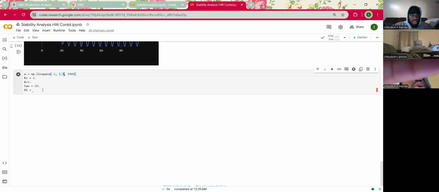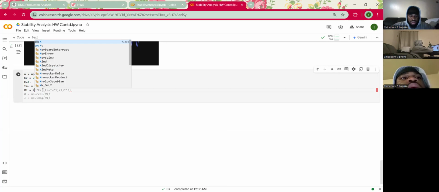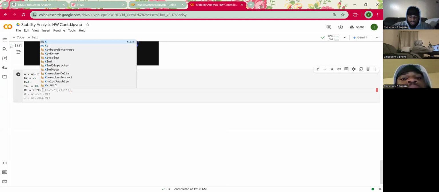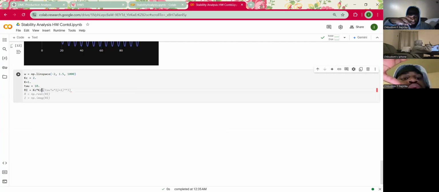Okay, so that's the usual KC multiplied by K, but it has the usual tau, S, and J, but now there's a bit of a twist to it. So it's multiplied by E, the exponential.